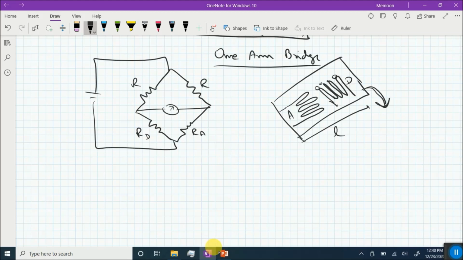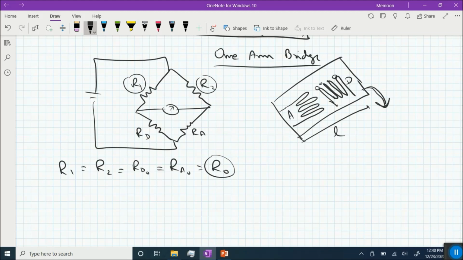We choose these resistors to be equal to R. This is R1, this is R2, this is RA and RD. So R1 is equal to R2 is equal to RD naught is equal to RA naught is equal to R naught. So in case of zero strain applied, the resistance of this strain gauge is R naught.